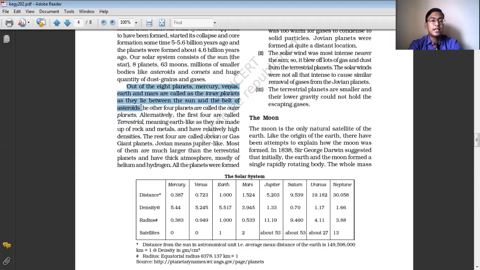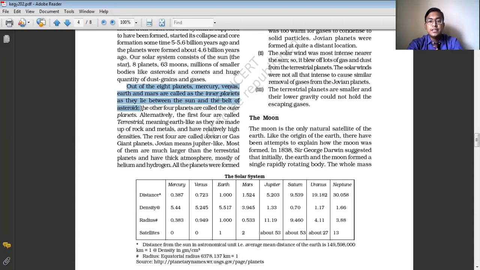Belt of asteroids basically means the particular area where the asteroids can be found. Within our solar system there is a particular area where the formation of asteroids has taken place and the asteroids can be found. So the planets which lie between the sun and the belt of asteroids are known as the inner planets.